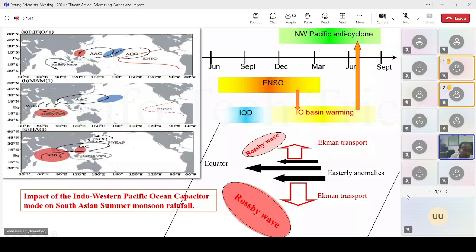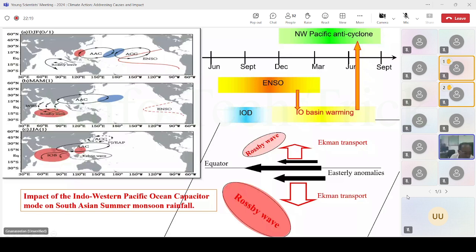And you can also see in the IOD time that there is an anticyclone, and this anticyclone can generate Rossby waves. And these Rossby waves will warm this Southern Ocean. And now, with the warming, the Northwest Pacific anticyclone gets extended even to the Indian region and plays an important role in modulating the monsoon rainfall, because these patterns persist up to even monsoon time.